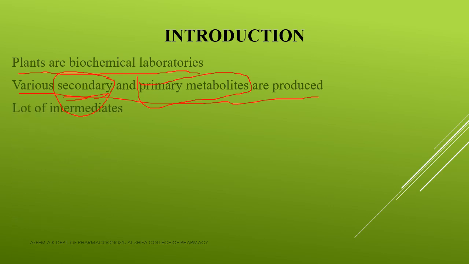Clear? Now, the next thing is that for the production of these primary as well as secondary metabolites, a lot of intermediates are required. You already know that a compound is not directly formed. For the formation of a compound, it requires the starting material, and likewise a lot of intermediates are required in the production of a final compound.